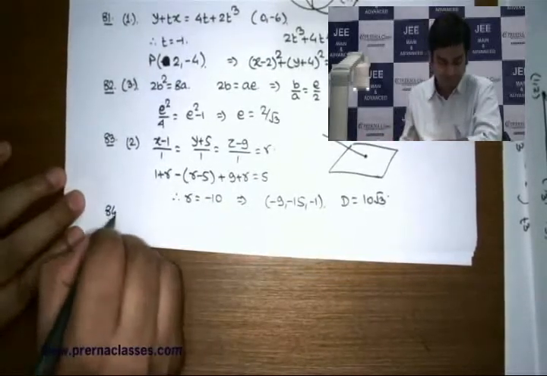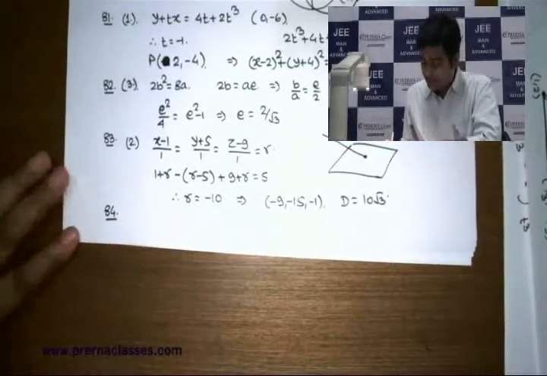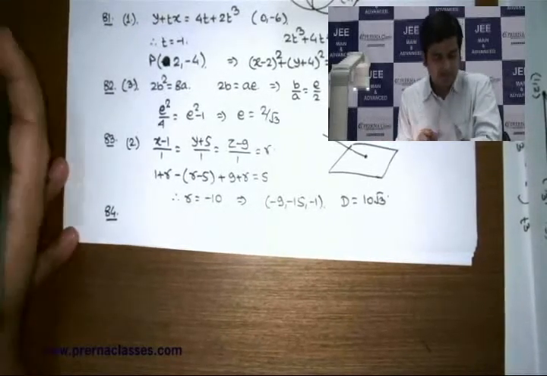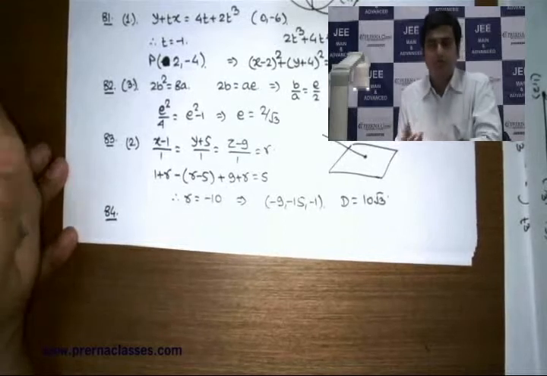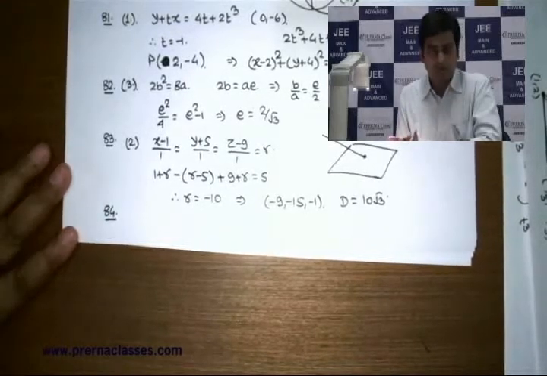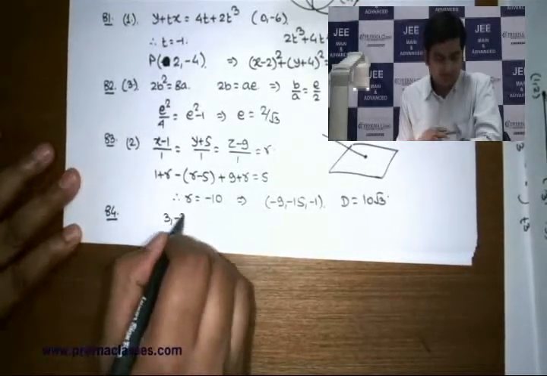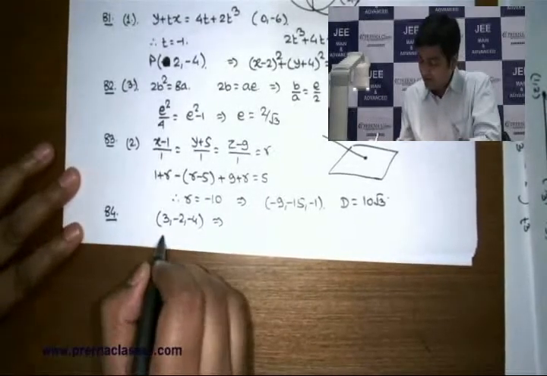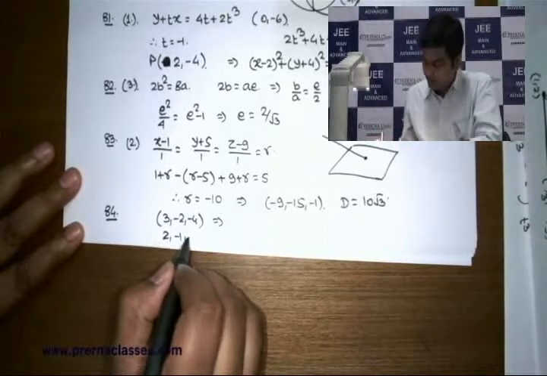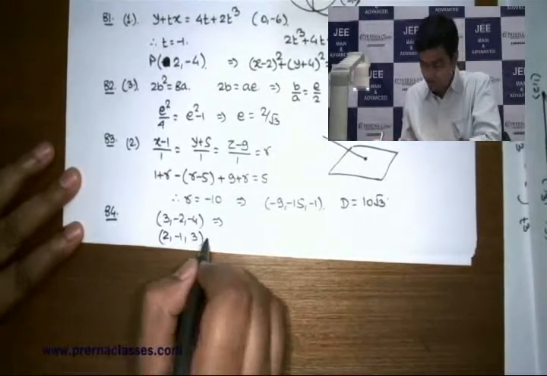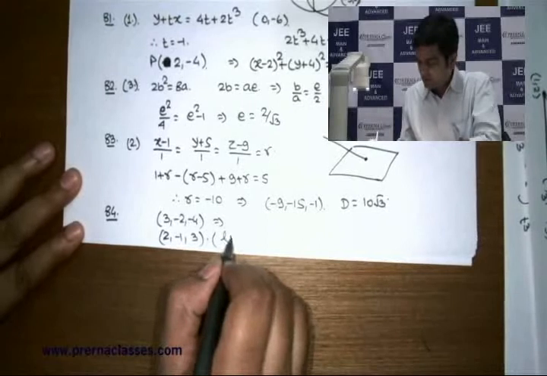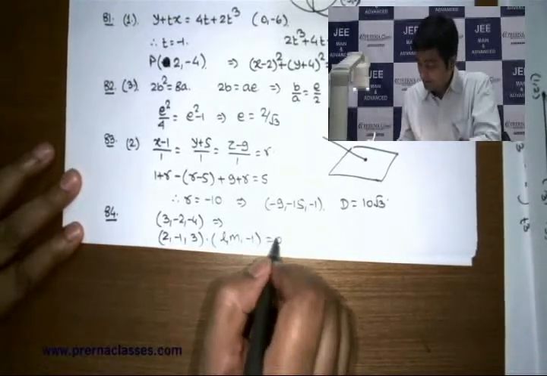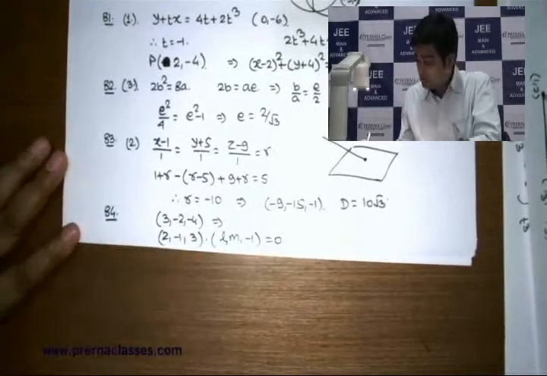As far as the next problem is concerned, it's again related to 3D, where it is given that some line lies within the plane. So there are two conditions which you have to utilize because there are two unknowns, L and M. One is that the point 3, minus 2, minus 4 must lie on that plane, and the other condition is that the direction ratio of this line, 2, minus 1, 3, dot product with L, M and minus 1 must be 0.